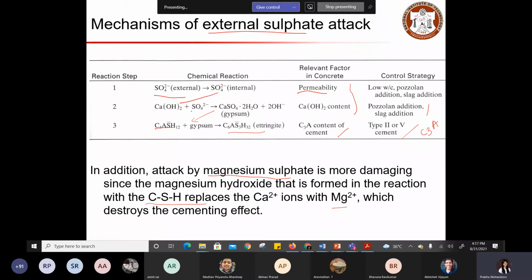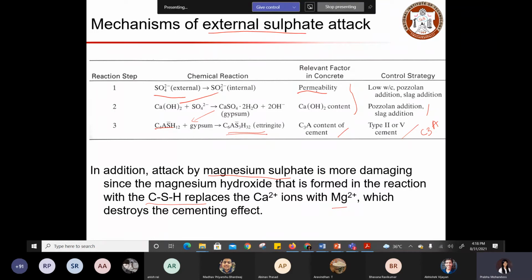The calcium hydroxide reacts with sulfate, and that leads to gypsum formation, and further this gypsum reacts with the C4ASH, sorry, the hydrated product we call C-A-H. When aluminates and silicates react, you get this type of hydrated product, and that reacts with your gypsum. You observe a formation of ettringite.